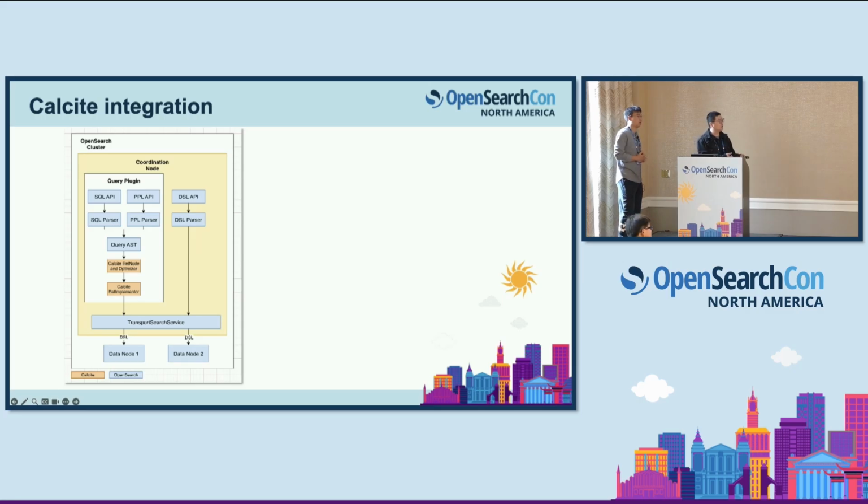The SQL parser and the PPL parser output a common query AST, abstract syntax tree. This AST is fed into Calcite, and Calcite helps us generate the logical plan and the physical plan and execute. If some query in the physical plan can be pushed down to DSL, we also send this DSL API to the transport server, which is similar to the DSL.